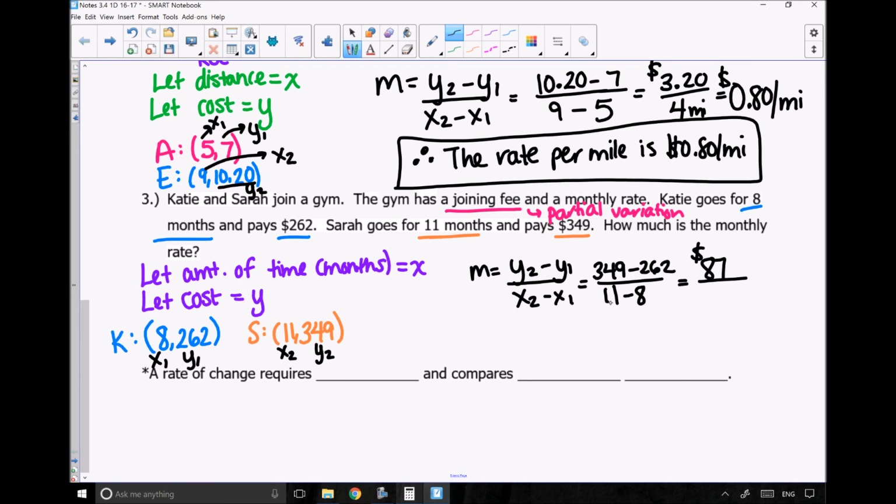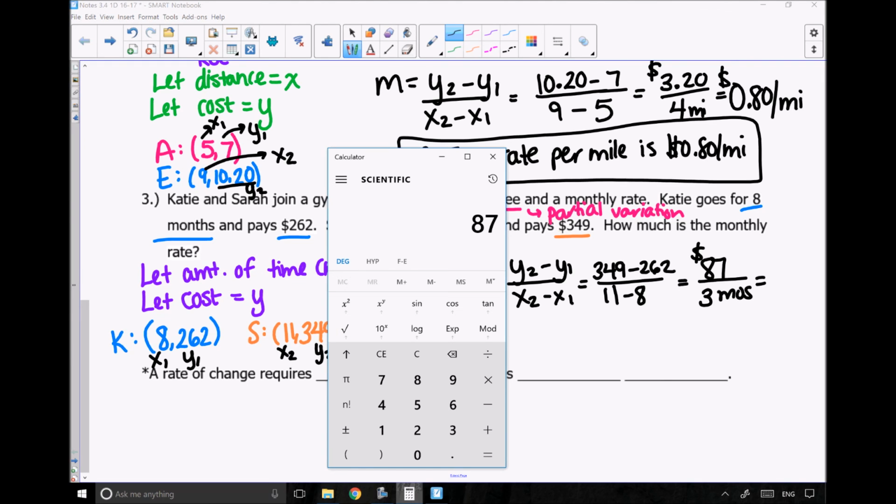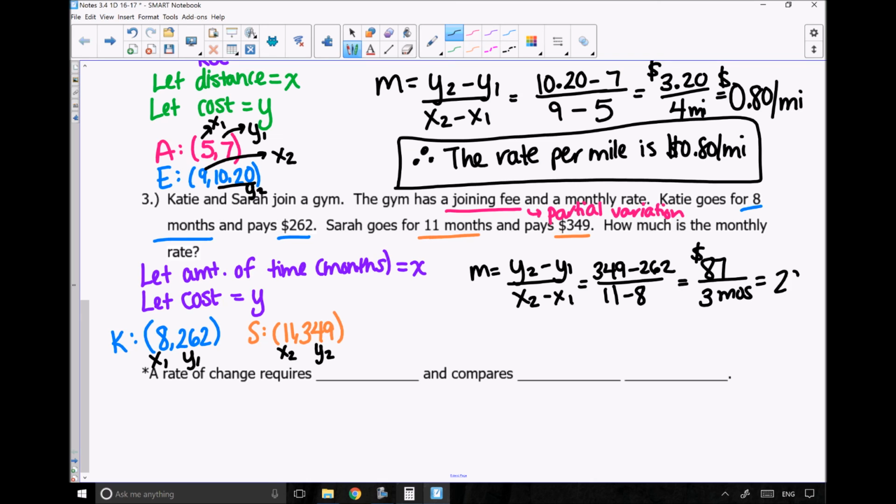And then in the denominator it's 11 months minus 8 months, which is 3 months. So when I go ahead and divide it, I end up getting 29. What does this mean? It's $29 per month. So the monthly rate, we can just say therefore the rate is $29 per month.